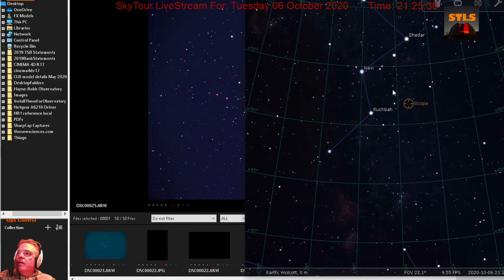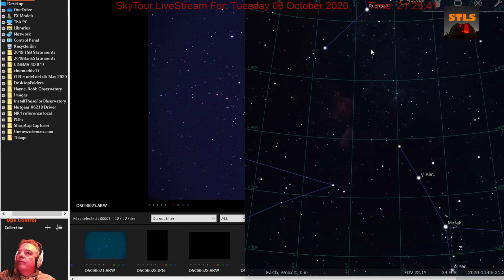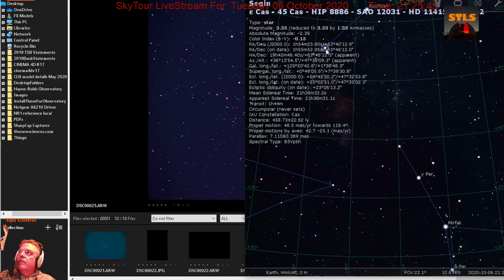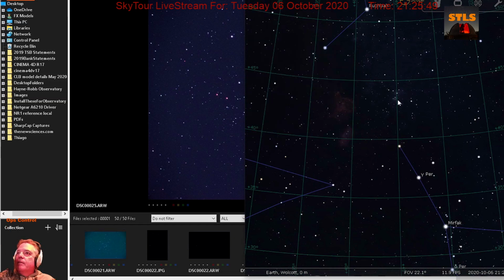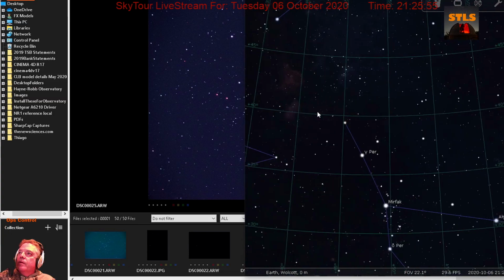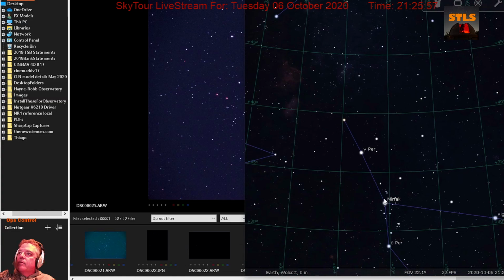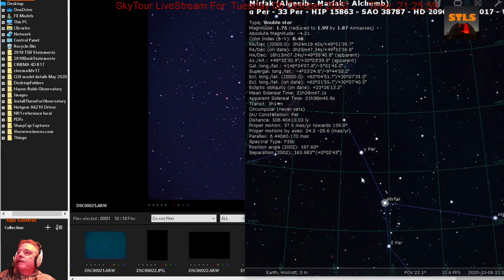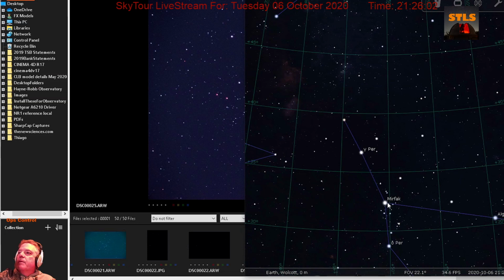Okay? And down here, between this end star, which is called Segin, in Cassiopeia, and this star down in Perseus, which you can also see in the sky. You can also see Mirfak down here. Mirfak's probably the most obvious one too.